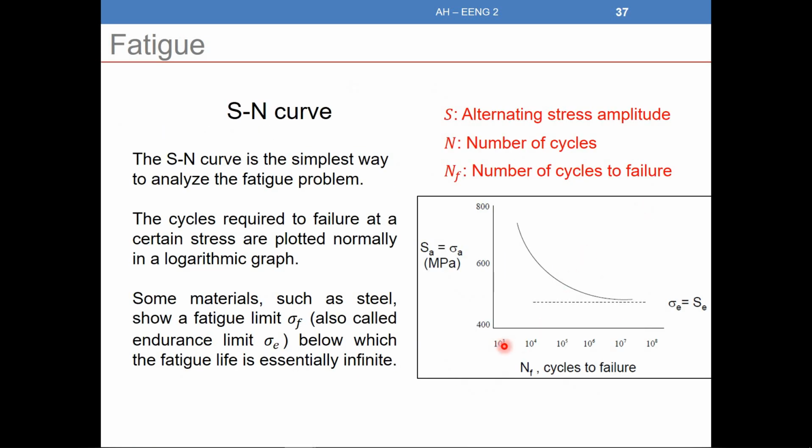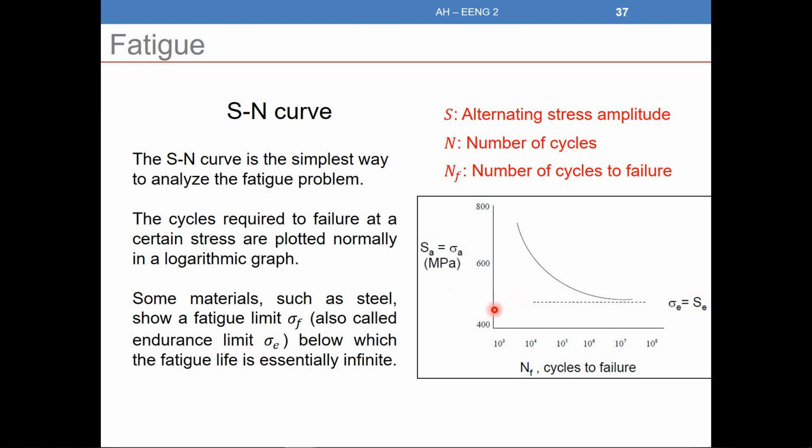That's the meaning. So any stress below this limit here, even if I do it 1 billion times, 10 billion times, it will never fracture. So that's the meaning of fatigue: the stress below which it will never fracture, even if I have an alternating stress. This is what we call the fatigue limit.